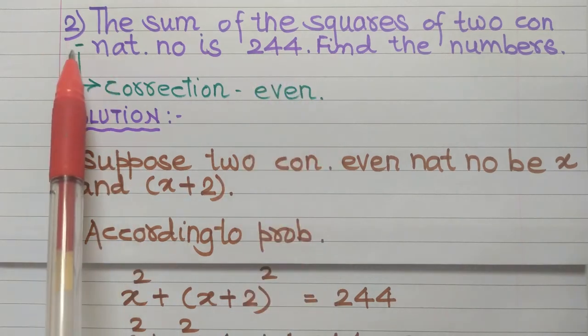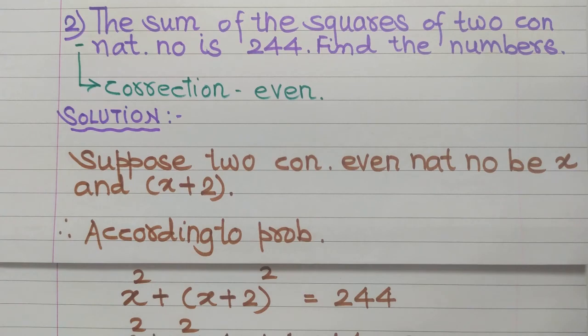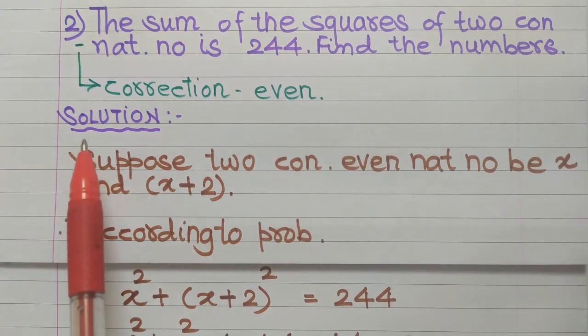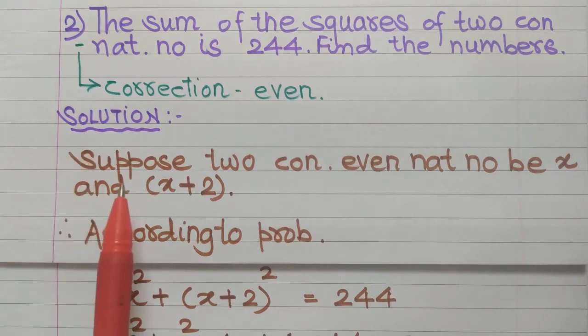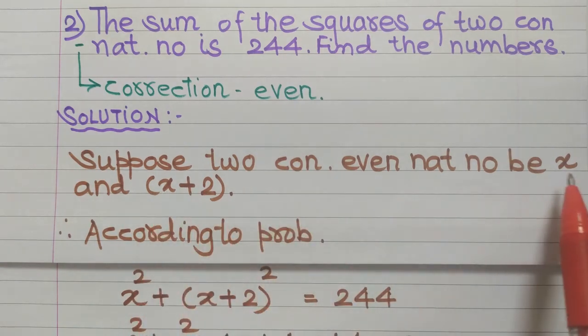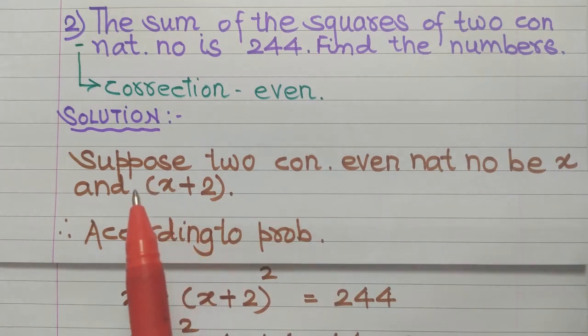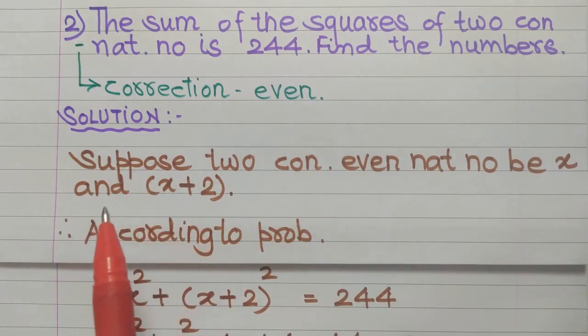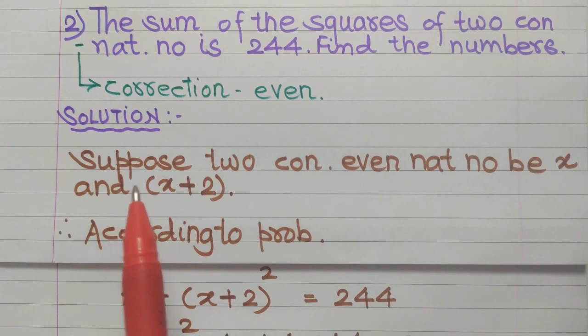So add even here. Therefore, in the solution, I have considered, suppose two consecutive even natural numbers be x and x plus 2. Because you know the difference between two consecutive even natural numbers is always 2.